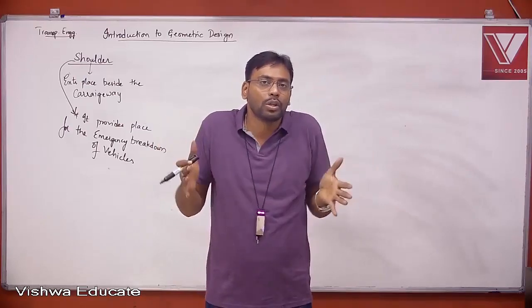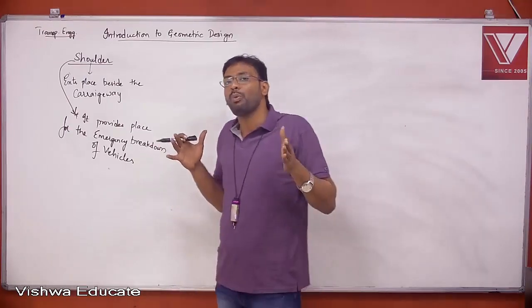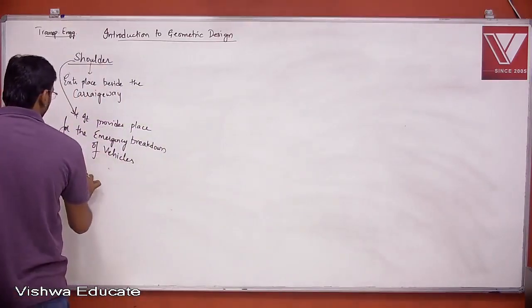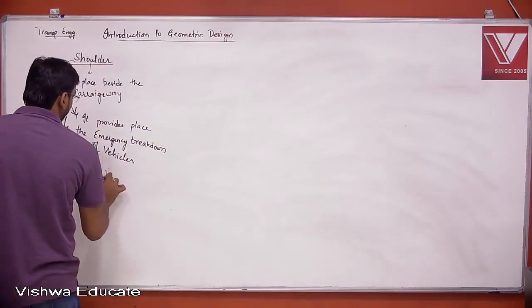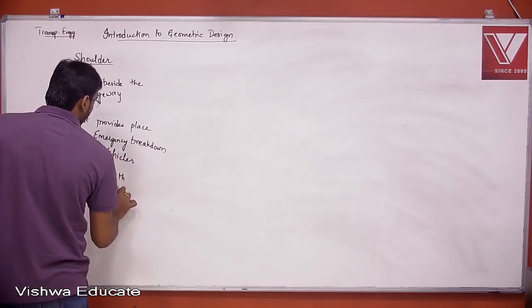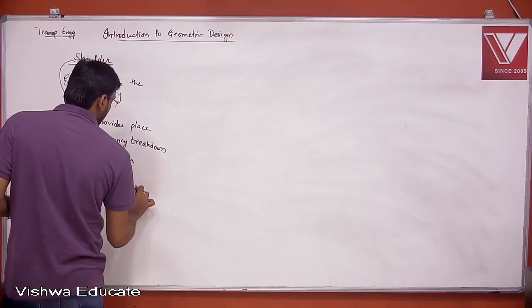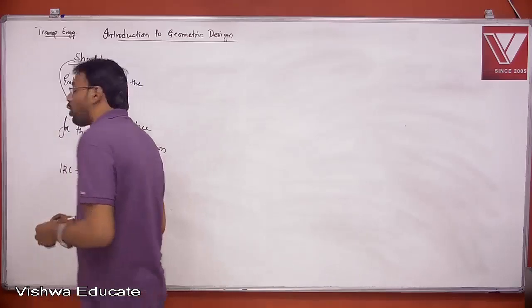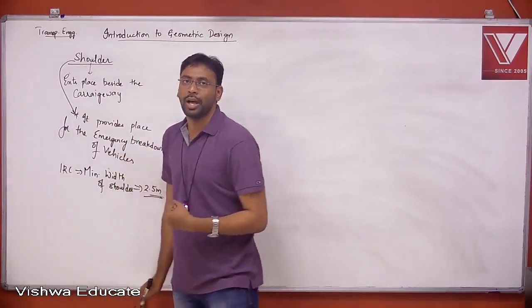So at least the width of the shoulder should be 2.5 meters. So as per IRC, the minimum width of the shoulder should be 2.5 meters.